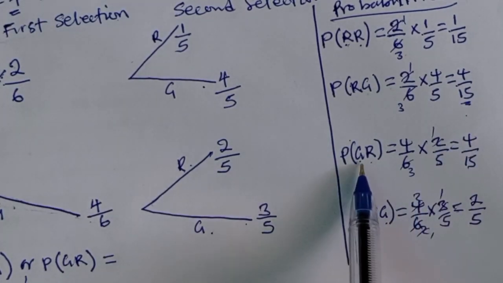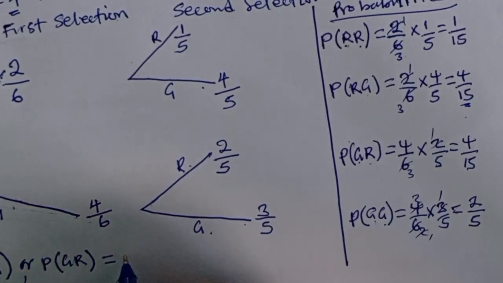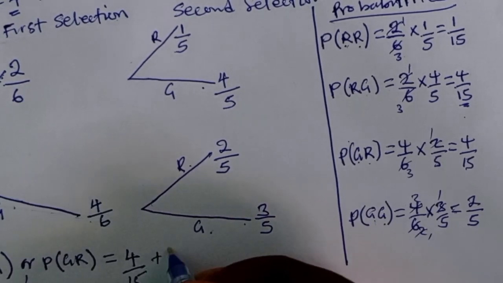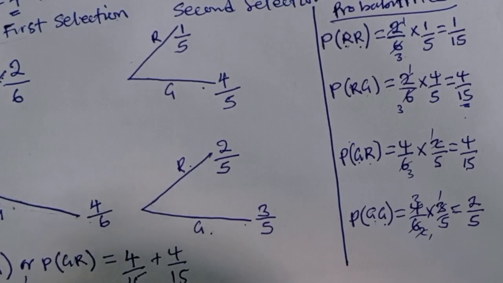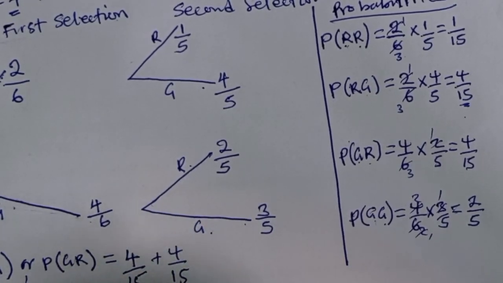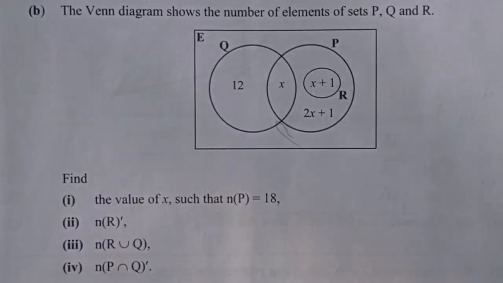The probability of green, red is 4 over 15. So we're going to say 4 over 15 plus 4 over 15. Remember that when denominators are the same, just go direct and add or subtract. So 4 plus 4 is 8, so that is the answer.